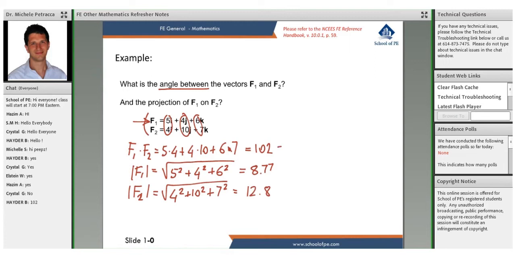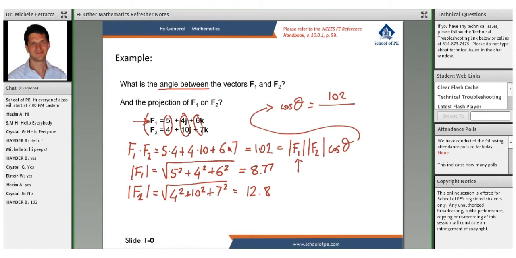And so now we know that this is equal to the length of f1 times the length of f2 times cosine of theta, which basically now we can rewrite as the cosine of theta is equal to 102 divided by the length of f1, which is 8.77, times the length of f2, which is 12.8.